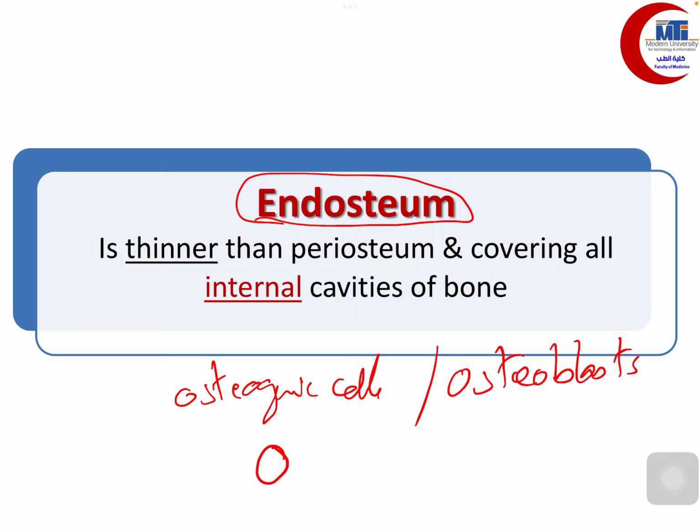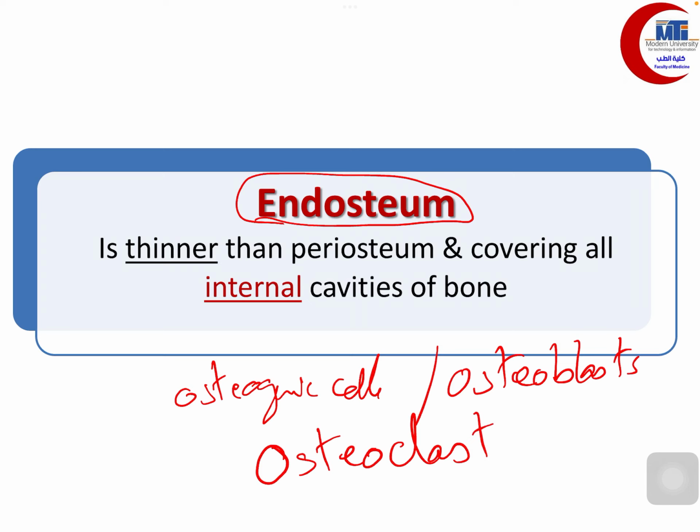It also contains an additional characteristic cell which is present only in the endosteum layer, called the osteoclast. These osteoclasts, as we will discuss in the next lecture, are responsible for clearing and decalcifying bone tissue and digestion of bone tissue.